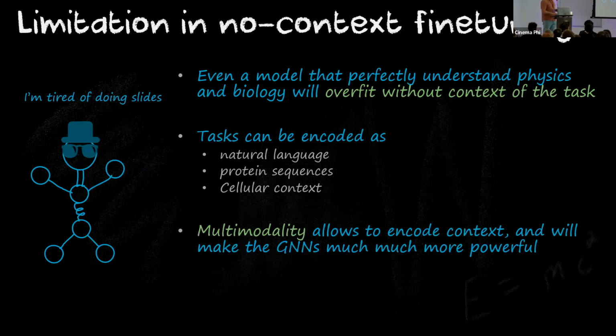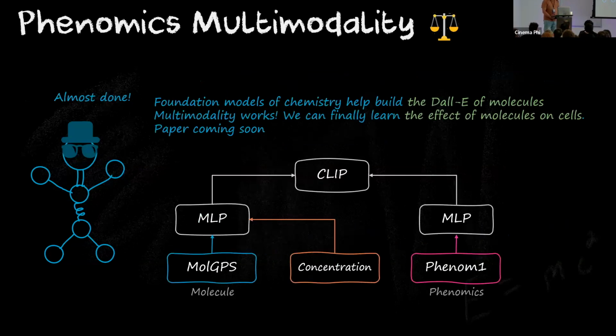One of the big things that we decided to work on at Valence and Recursion is to use phenomics, because phenomics is a very important data set for Recursion, but it's also very rich in the sense that it takes images of the cells that contain a lot of different information, kind of the equivalent of running hundreds of experiments at the same time, but measuring them all at once. So we can actually have big data sets in these cases. And yes, they're still a lot smaller than what we see, for example, in how DALL-E was trained.